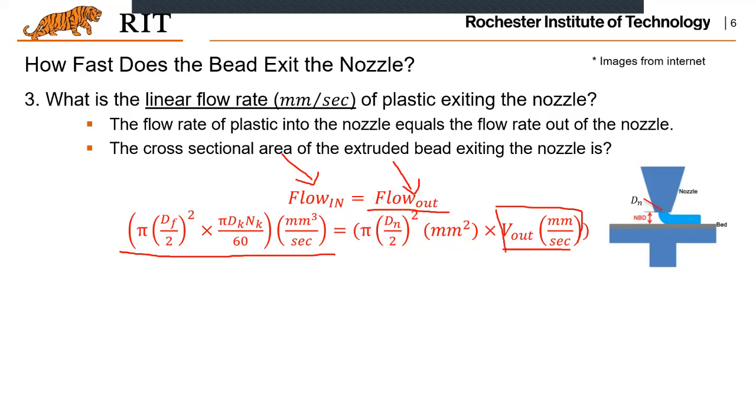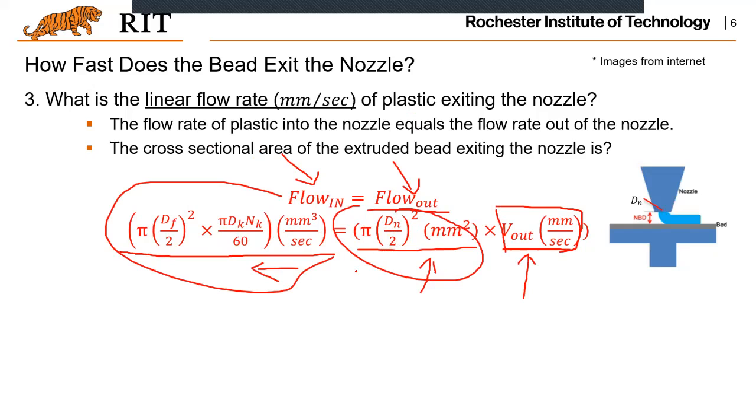This V out is what we want. And this cross-section area can be calculated using the diameter of the nozzle. And it turns out this number can be calculated by moving this part to the left-hand side, right? Just this part over this part, right? Turns out you have the velocity.